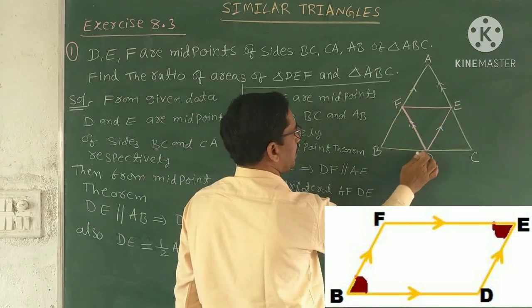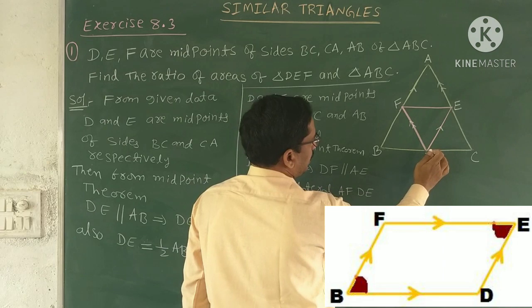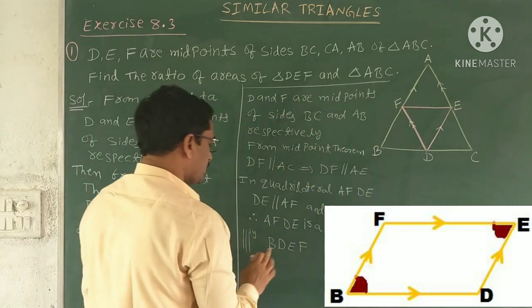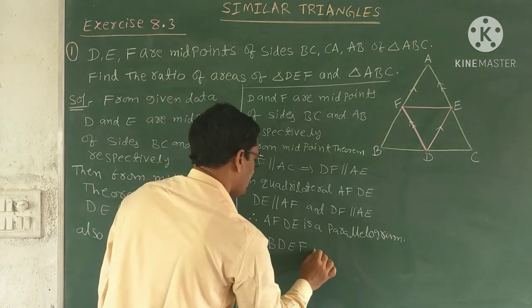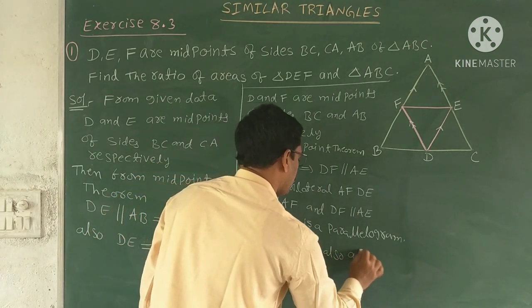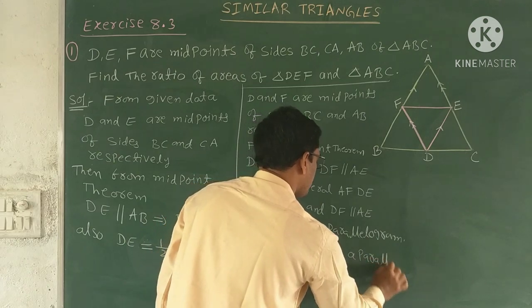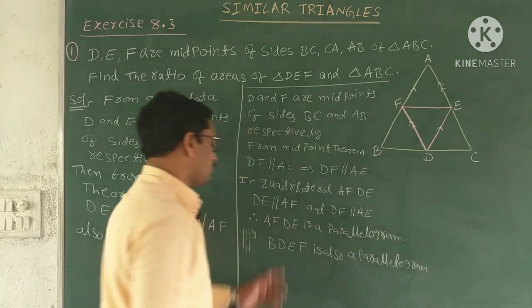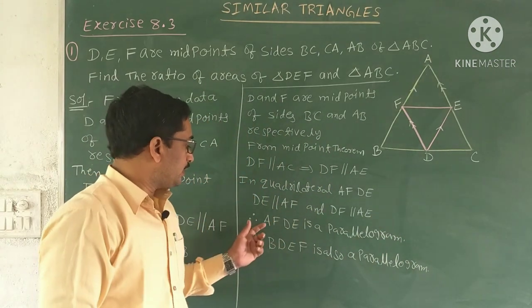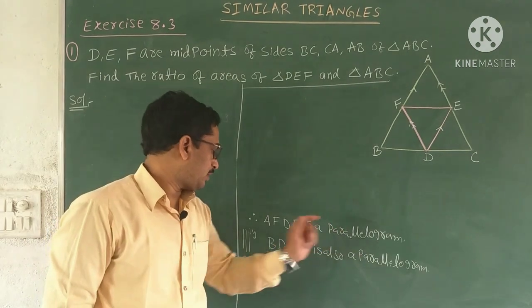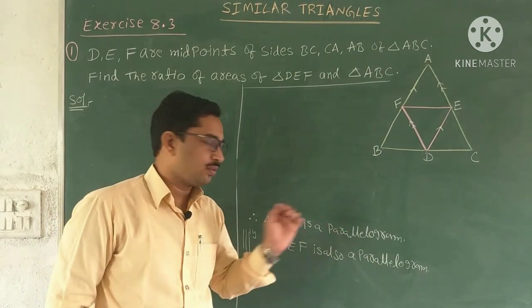Here BD is parallel to EF and DE is parallel to BF. So BDEF is also a parallelogram. So these two are parallelograms. See, here AFDE is a parallelogram and BDEF is also a parallelogram.